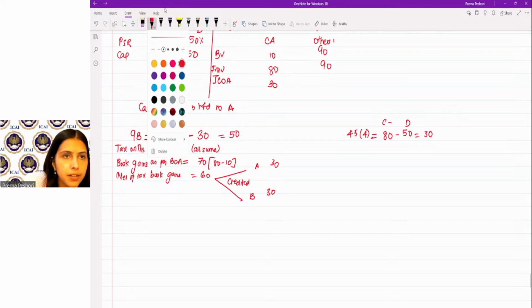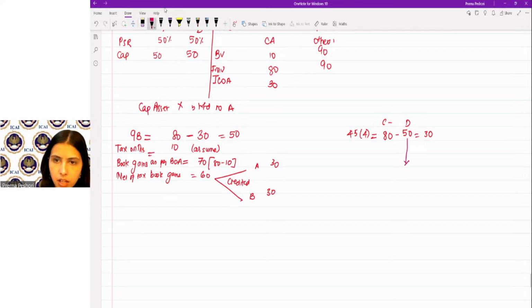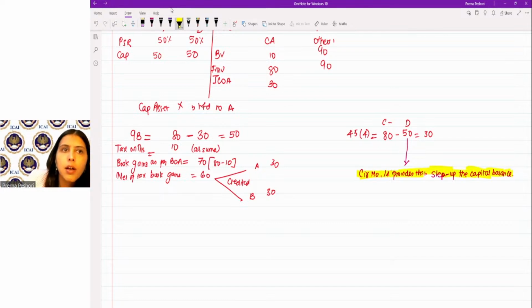So the circular provides that you step up the capital balance. 9B and 48(3) are not giving you any benefit, but circular number 14 is asking you to step up your capital balance by the share of the partner in post-tax book gains.